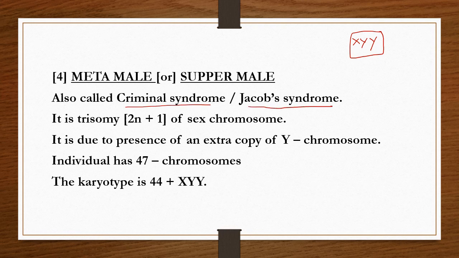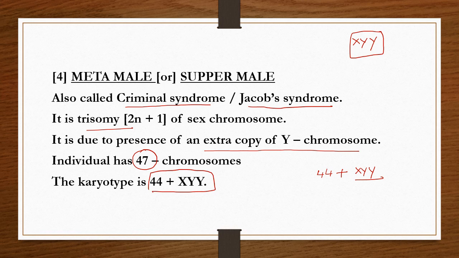It is also a trisomy, due to presence of an extra Y chromosome. Autosomes are common, 44 plus normal Y and one extra Y chromosome, 3. So a total of 47 chromosomes are present, and it is the genotype of this metamale or super male.